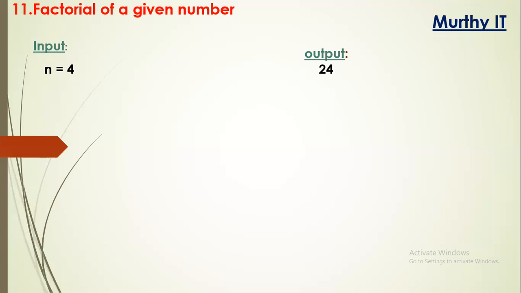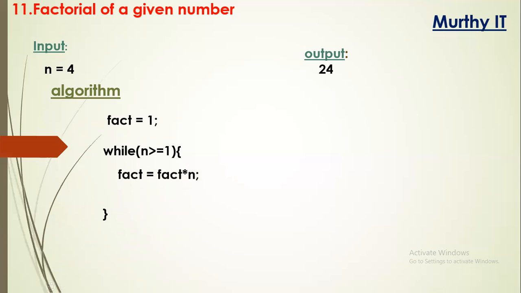For that, how to write the logic? Let's discuss that point. First of all, we need to take a variable for storing the results. For that purpose, I am taking a variable and a while loop: while n greater than or equal to 1. I want to execute the logic until n is greater than or equal to 1.